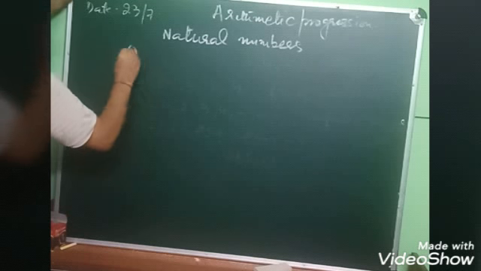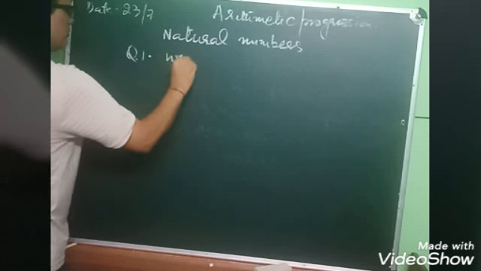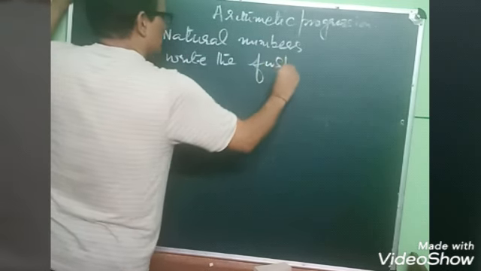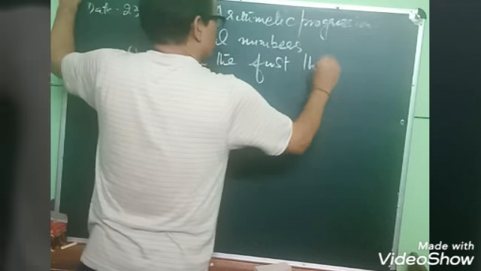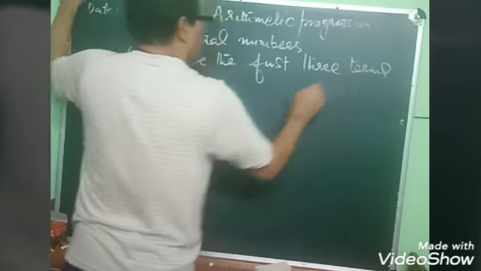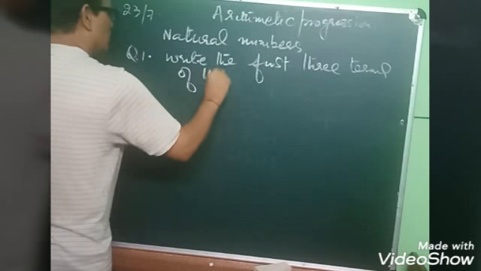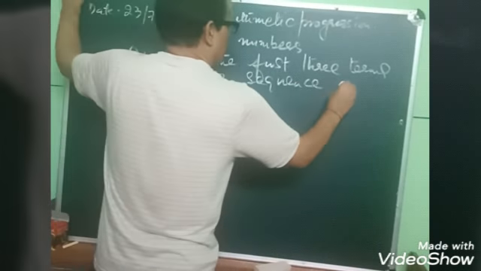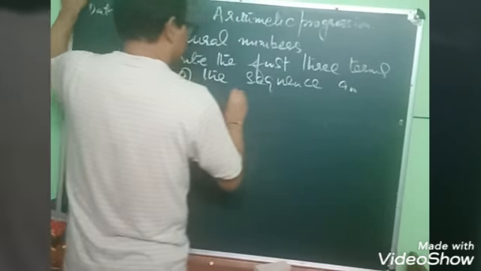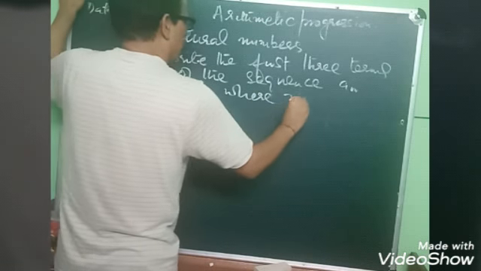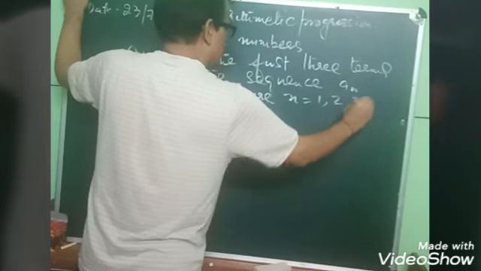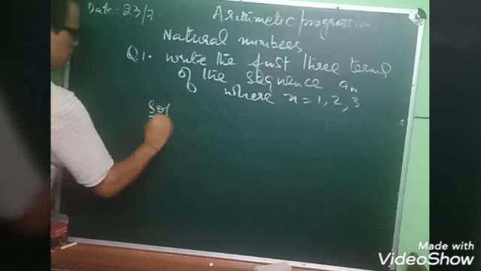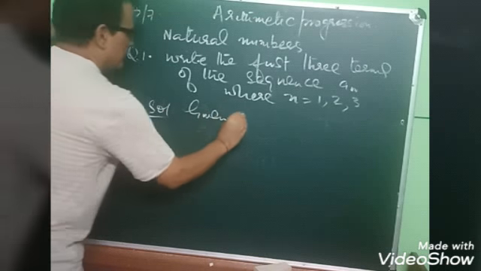Question first: write the first 3 terms of the sequence an, where n is equal to 1, 2 and 3. n is a natural number. So this solution we can write given an.